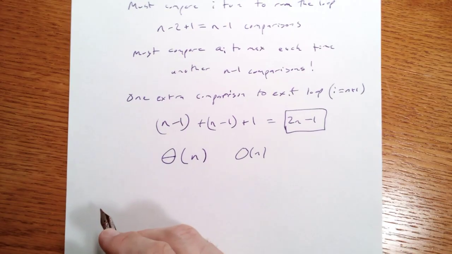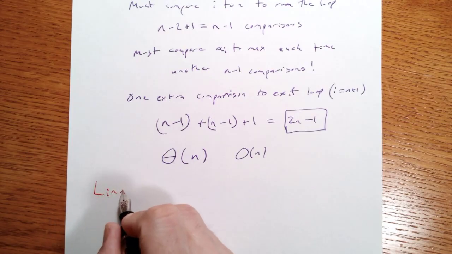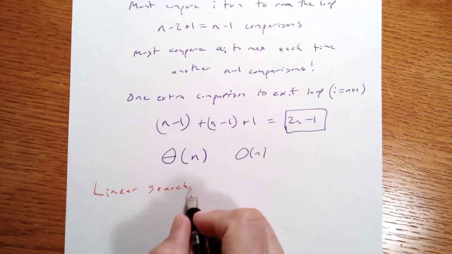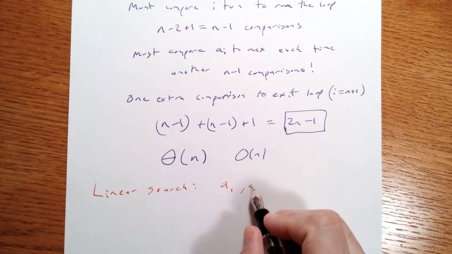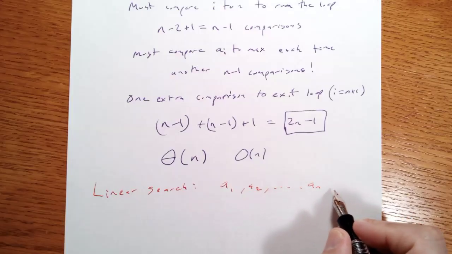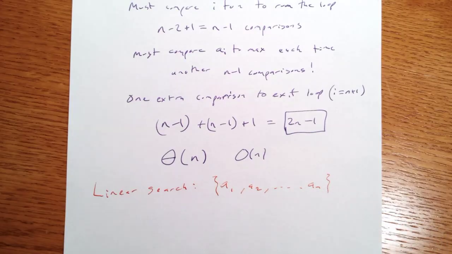Okay, let's try another example. Remember our linear search algorithm? We had a bunch of numbers and we wanted to find a particular one in here. If I was looking for a particular number and I wanted to know where it is, I could just say, what's the worst thing that could happen?